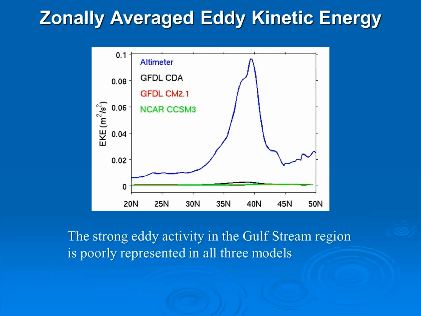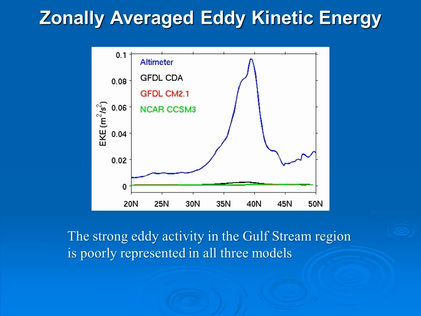And as mentioned earlier in the analysis of data, mixing plays a larger role in EDW variability. Here I'm showing you the eddy kinetic energy from observations, the blue line, based on altimetry, and from models. You see that this strong eddy activity near the Gulf Stream does not show up in all three models, although the data simulation model showed it with some.